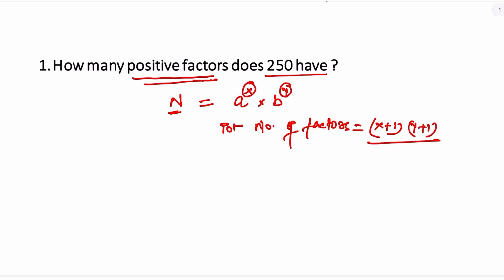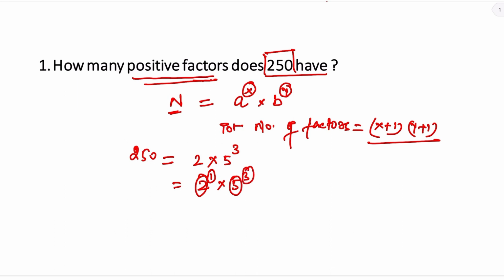So accordingly now our number in this case is 250. So 250 can be written as 2 into 5 to the power 3, that is 2 to the power 1 into 5 to the power 3. So our prime factors are 2 and 5, and our powers of these prime factors are 1 and 3.